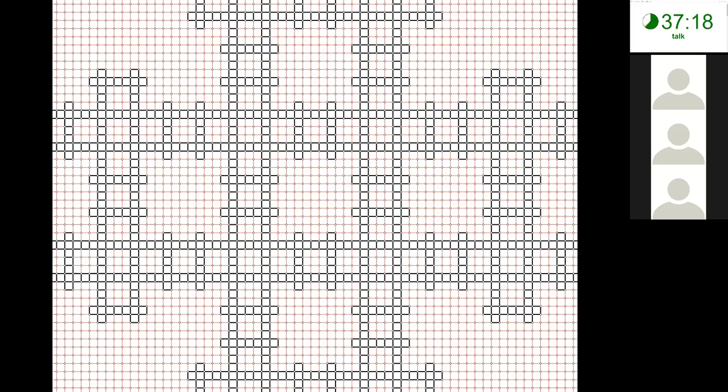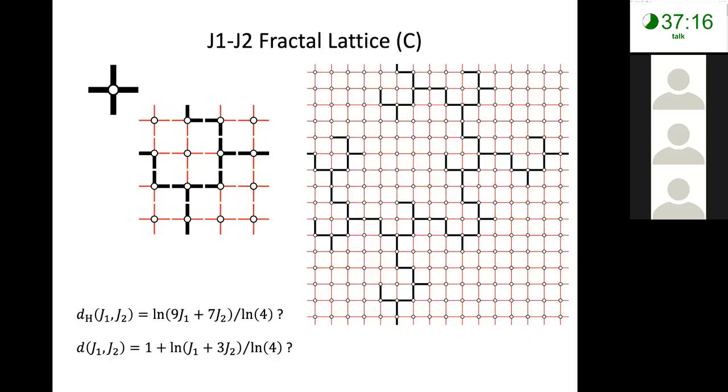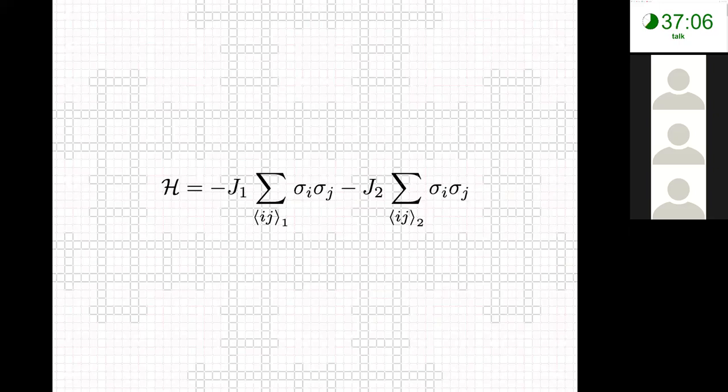Just to avoid any confusion, we want to study the phase transition phenomena of the classical Ising model on this kind of continuous family of fractal lattices, where the Ising spins are located in the sites of the lattice and the nearest neighbors are interacting with either the coupling J1 or J2.